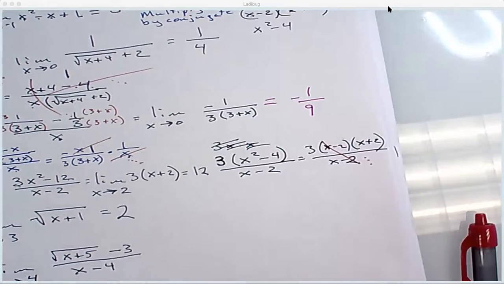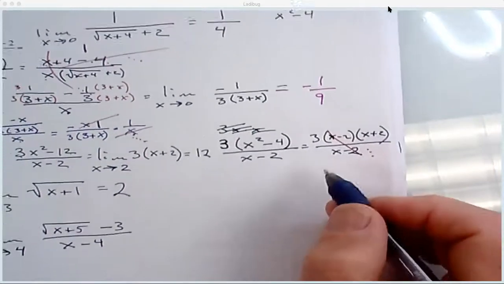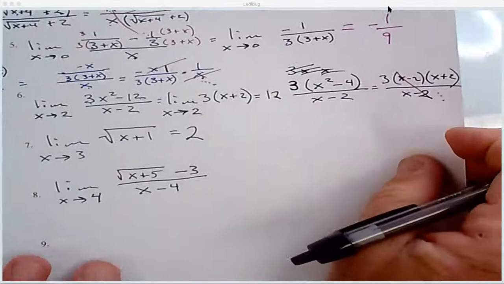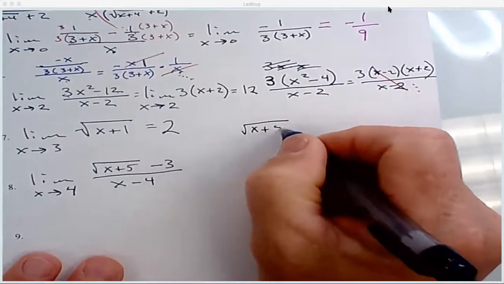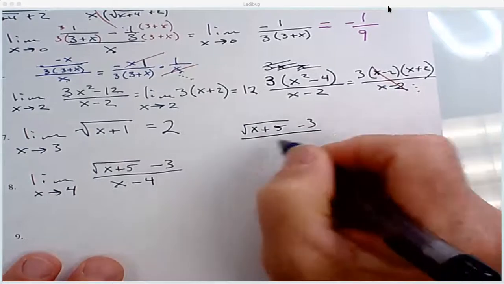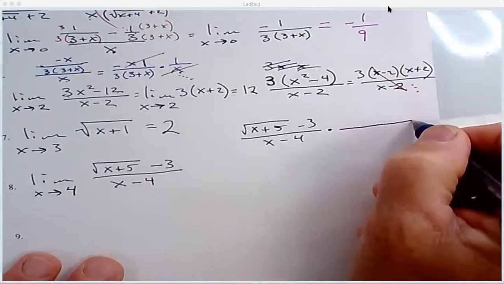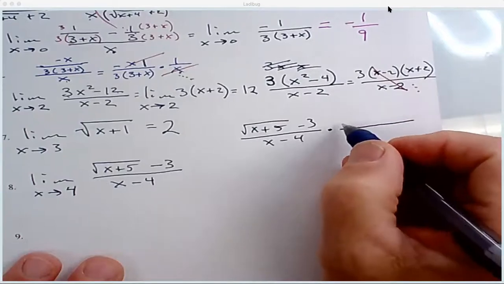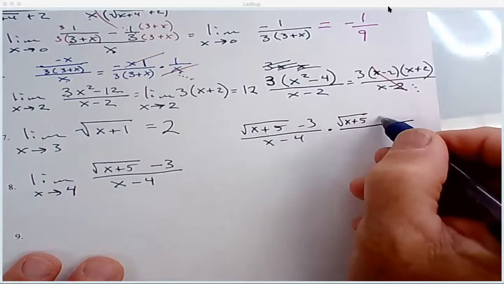Multiply by the conjugate. Okay, so over here, I'm going to do this on the side. I get this up where everybody can see me. So I got the square root of x plus 5 minus 3 over x minus 4. And what is that conjugate, Zach? Square root of x plus 5, and then plus 3. Plus 3.